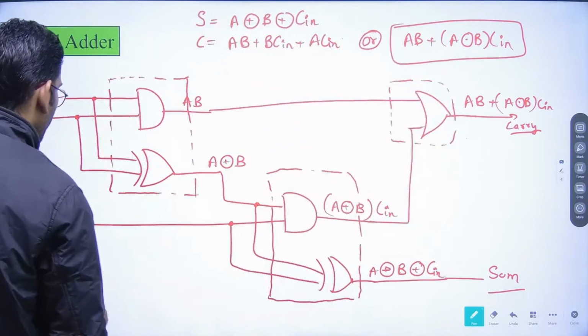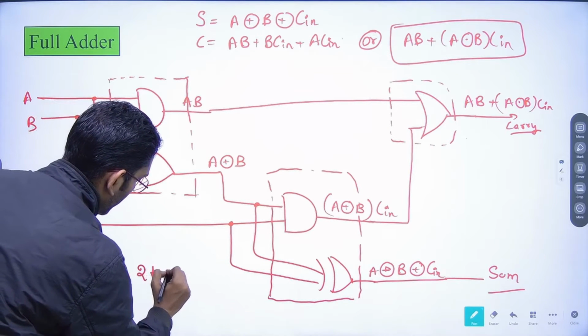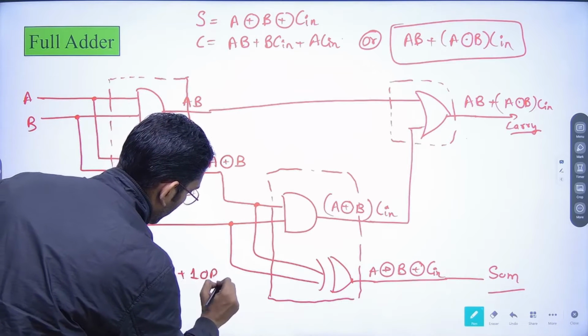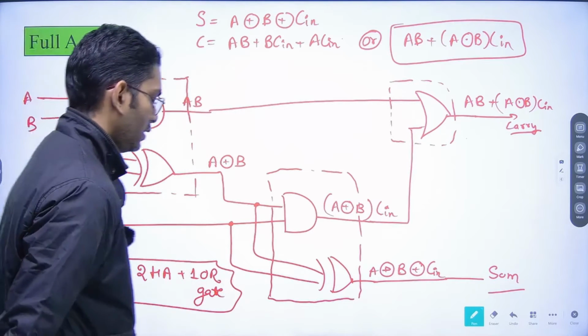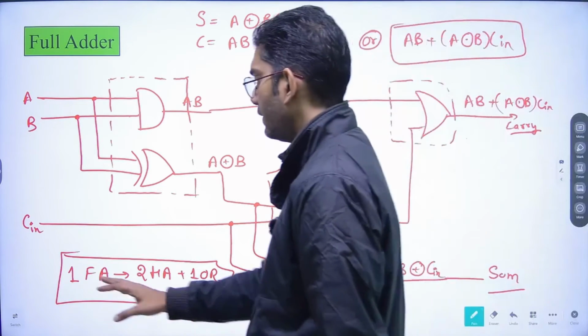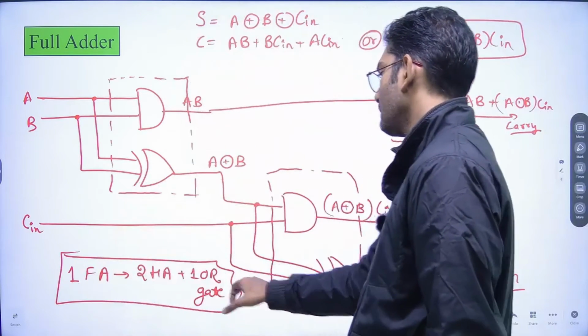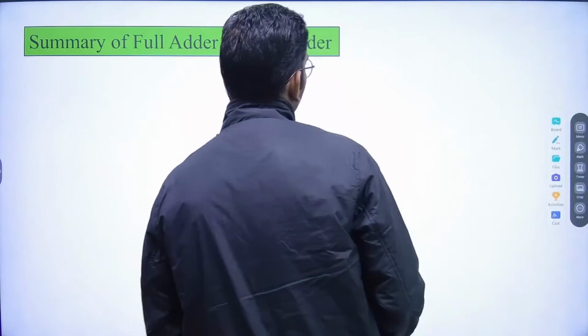So we can say one full adder can be drawn using two half adders plus one OR gate. This is the circuit diagram of the full adder.